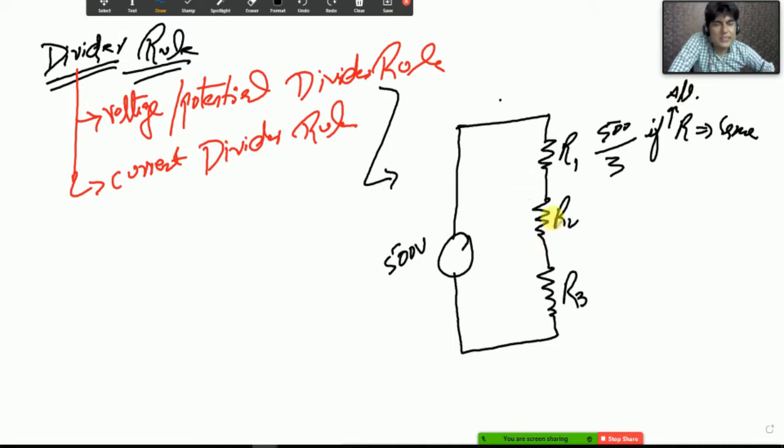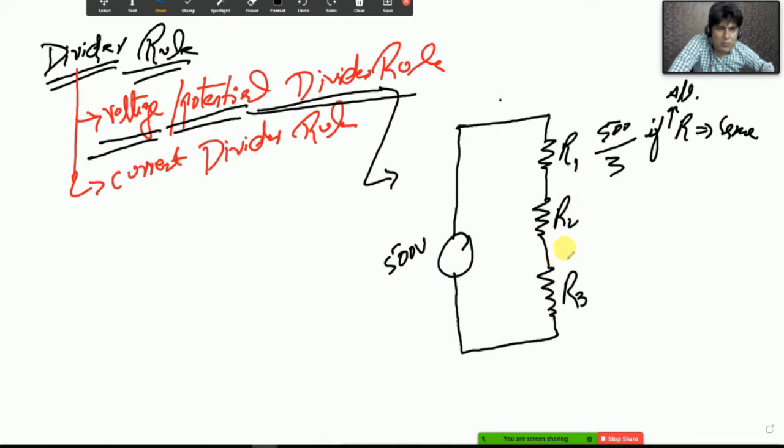But if the resistors are different, what is the shortest and easiest way to find the potential across a resistor? That shortest and easiest way is known as the voltage or potential divider rule.